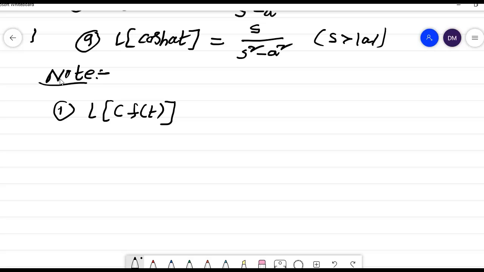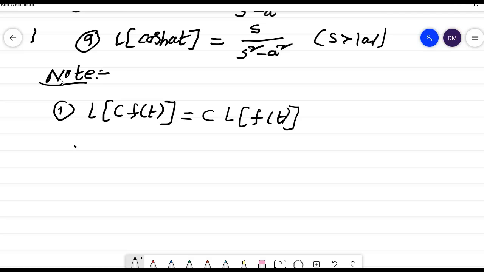If c is a constant, keep the constant outside of the Laplace transform and apply the Laplace transform to the function f of t.